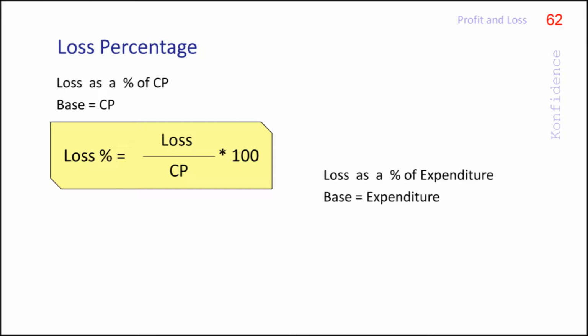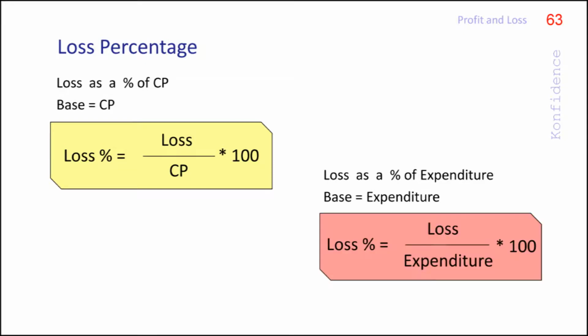If loss is found out as a percentage of expenditure, it would be loss percent equals loss divided by expenditure multiplied by 100. Now the numerator is loss. And what is loss?